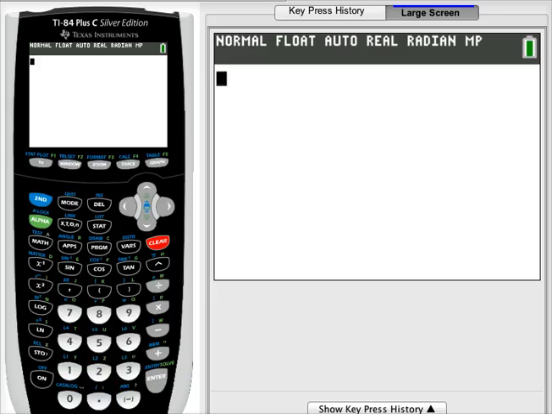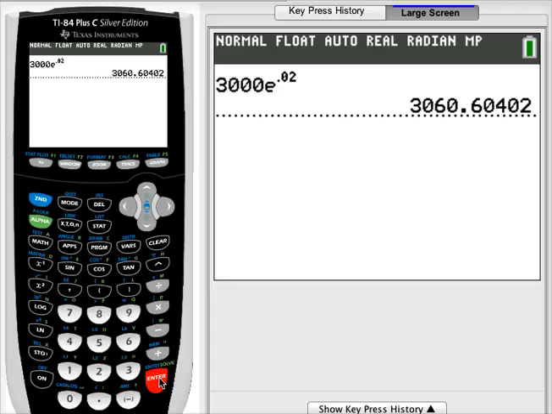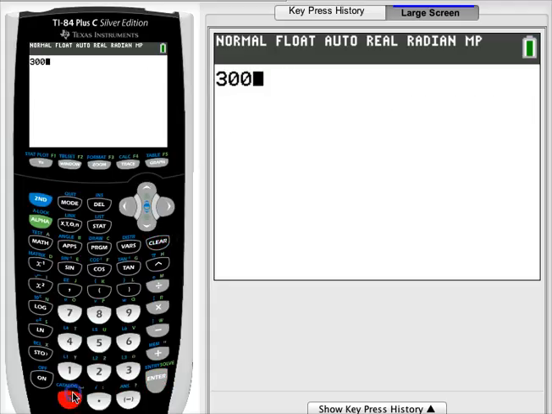So let me show you. 3,000 times e, which is above the division key. If you hit second and then the division key, that's where e is, to the 0.2 power. Sorry, I said 0.02, it's supposed to be just 0.2.